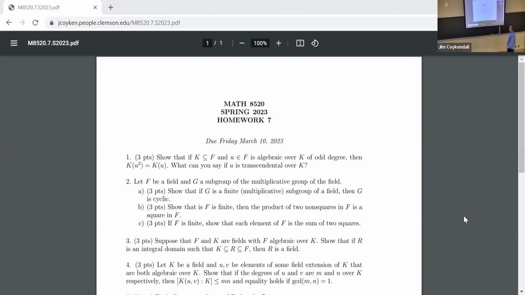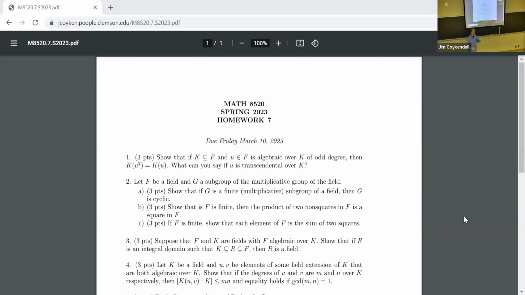All right, so let me say a couple of words about the homework for next Friday. First, this is kind of a fun one, breaking into fields a little bit. Suppose you have K inside of F, these are fields, and u is an element of F that is algebraic over K of odd degree.